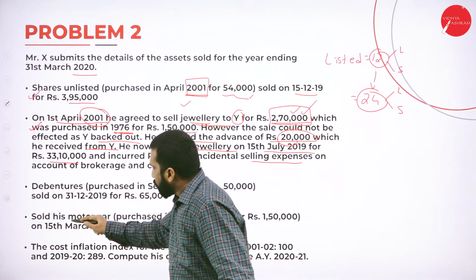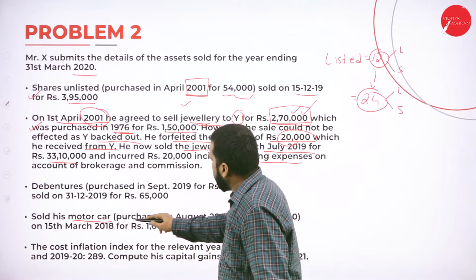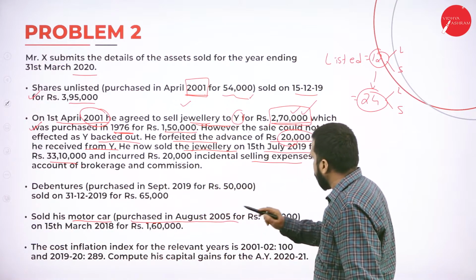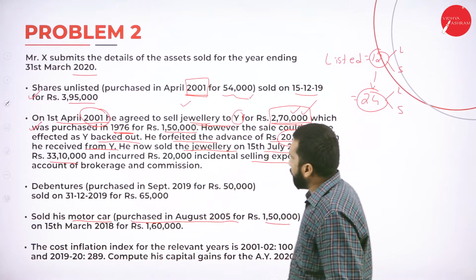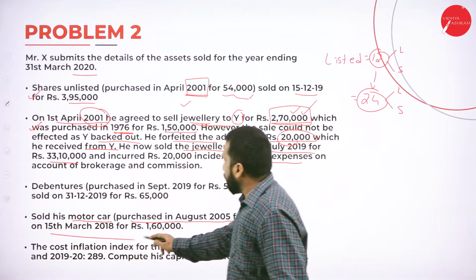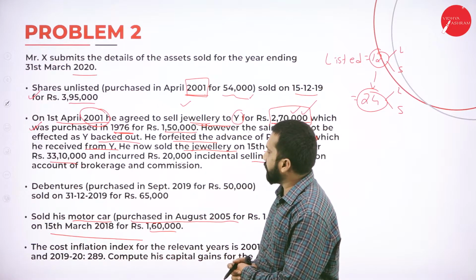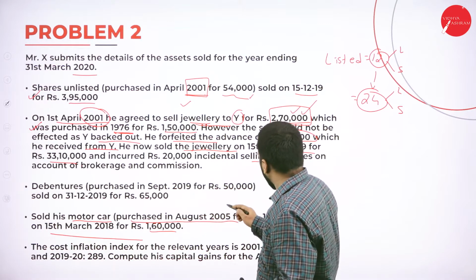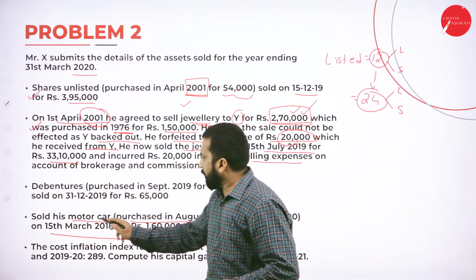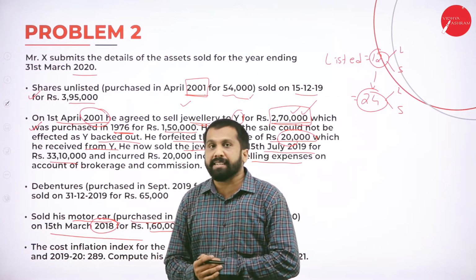Before that, sold motor car, purchased in August 2005 for 1,50,000, sold on 15 March 2018 for rupees 1,60,000. So it was purchased in 2005 and it is sold in 2018.